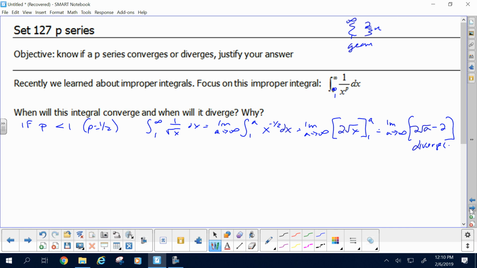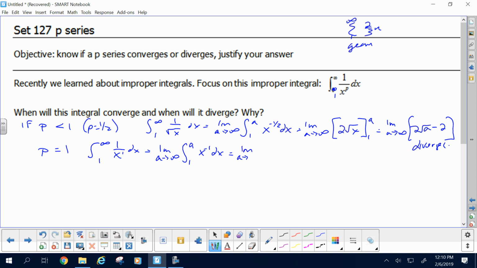All right. If P is 1, then it becomes more like the integral from 1 to infinity of 1 over x to the first, which is the same as the limit as a goes to infinity of the integral from 1 to a of x to the negative 1, or 1 over x. What's the antiderivative there?